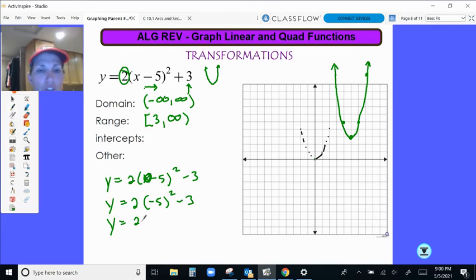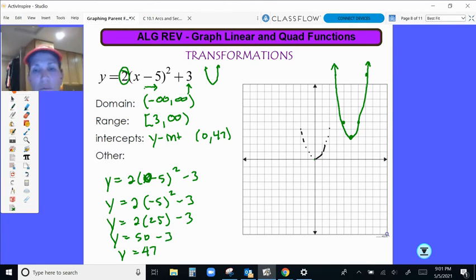This equals 2 times 25 minus 3, which is 50 minus 3. So my y equals 47. So even though I can't graph it, I can find it, right? So my y-intercept is at (0, 47). So you just got to plug in 0 for x into your function and find out what your y variable is. Okay?